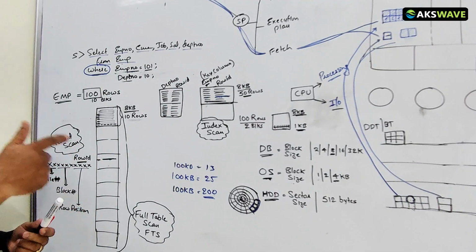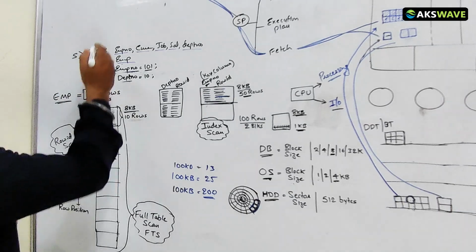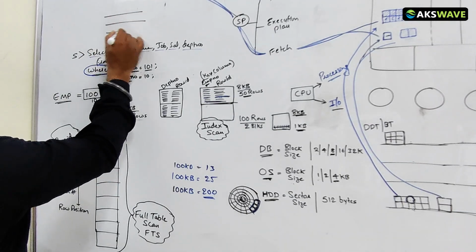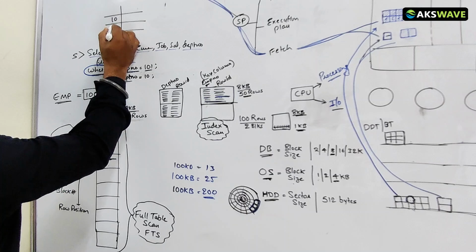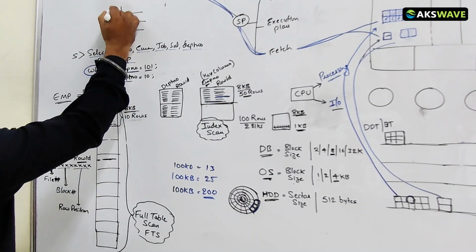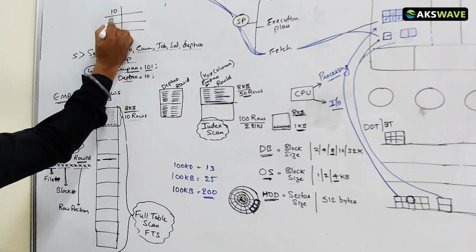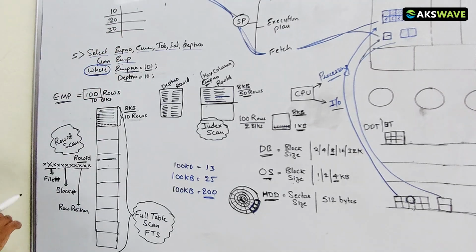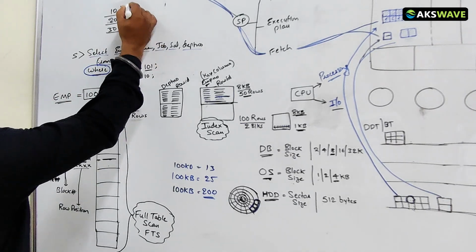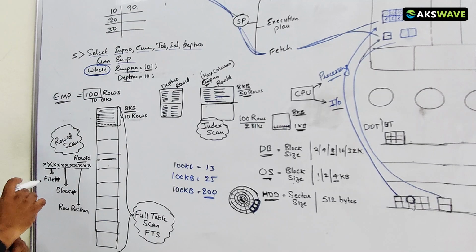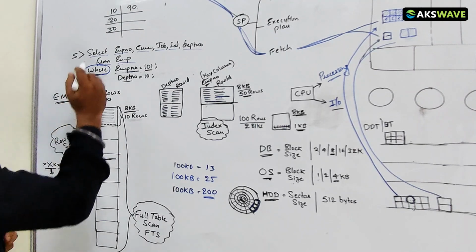Right. I'll give you some more information here. Let me add into the same query. Let's say these are the department numbers. We got department 10, department 20, department 30. And department 10, we have 90 rows or 90 employees belonging to department 10.